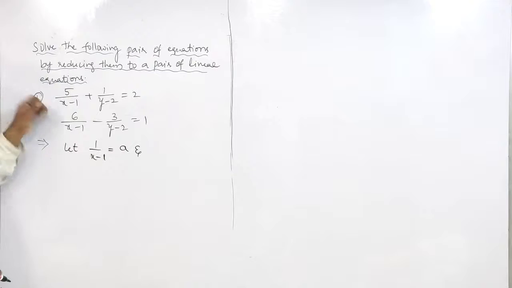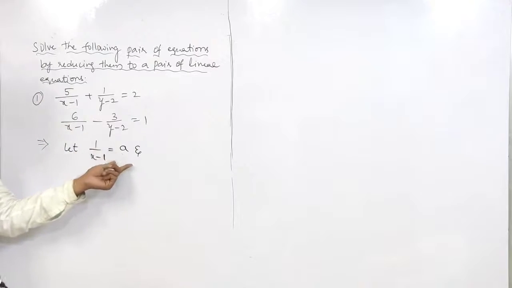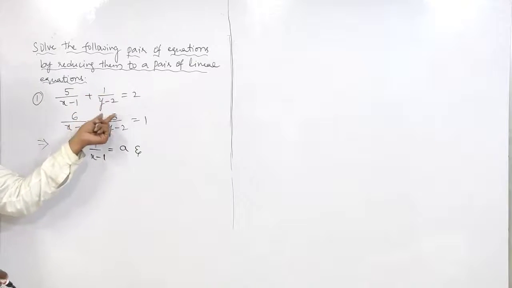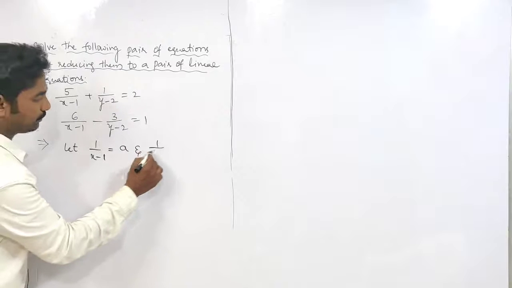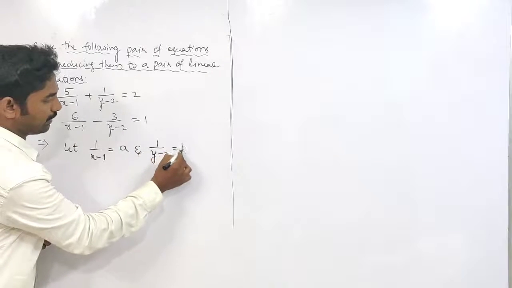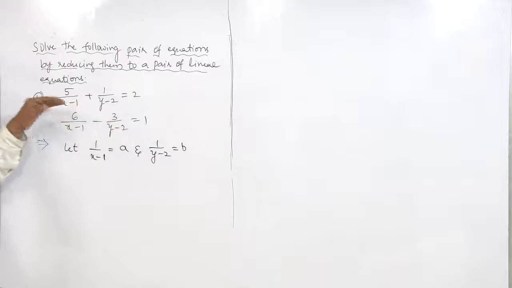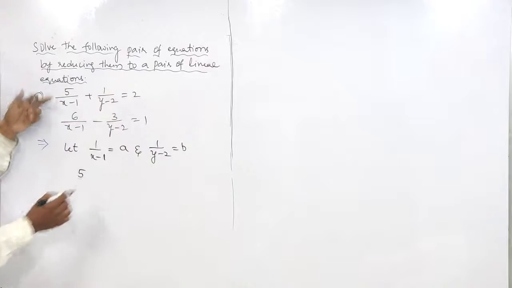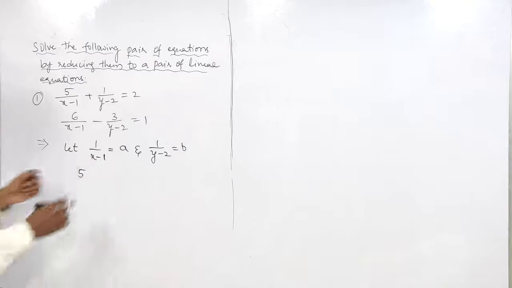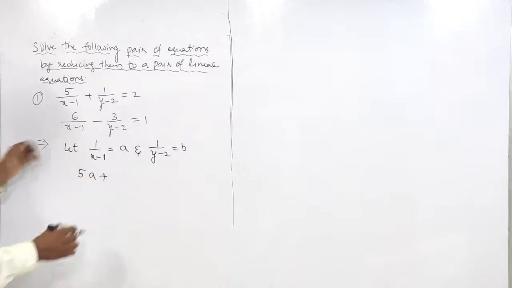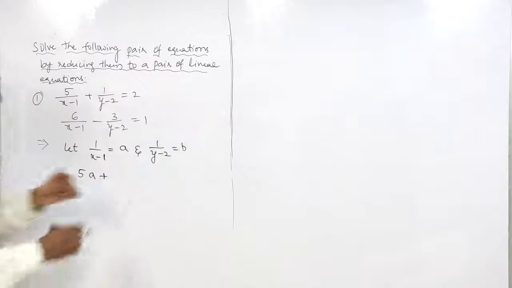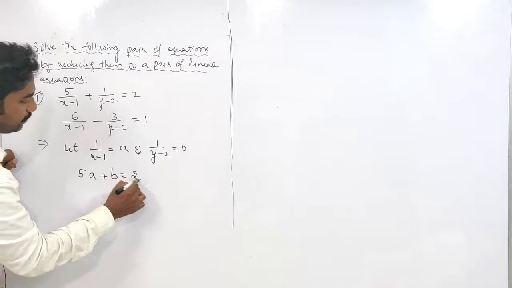I am taking 1 by x minus 1 as a. Similarly, 1 by y minus 2 as b. Now I substitute these two values here. 5 into 1 by x minus 1, which is a, plus 1 by y minus 2, which is b, is equal to 2.